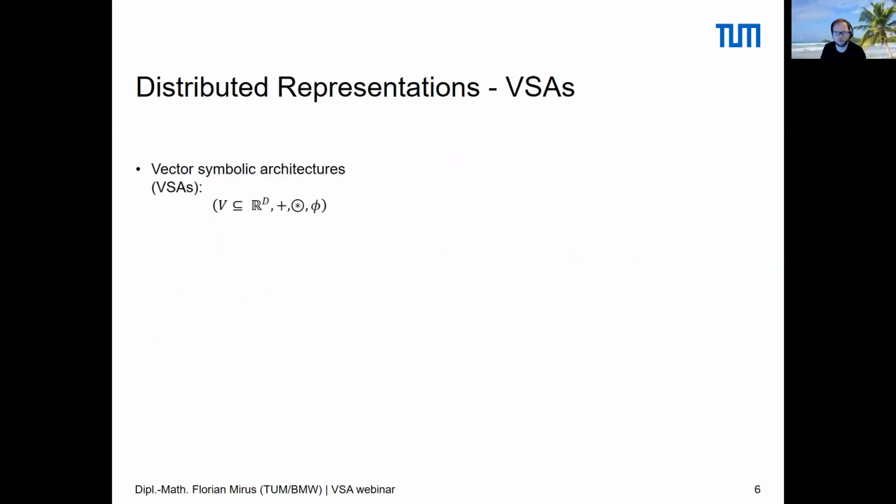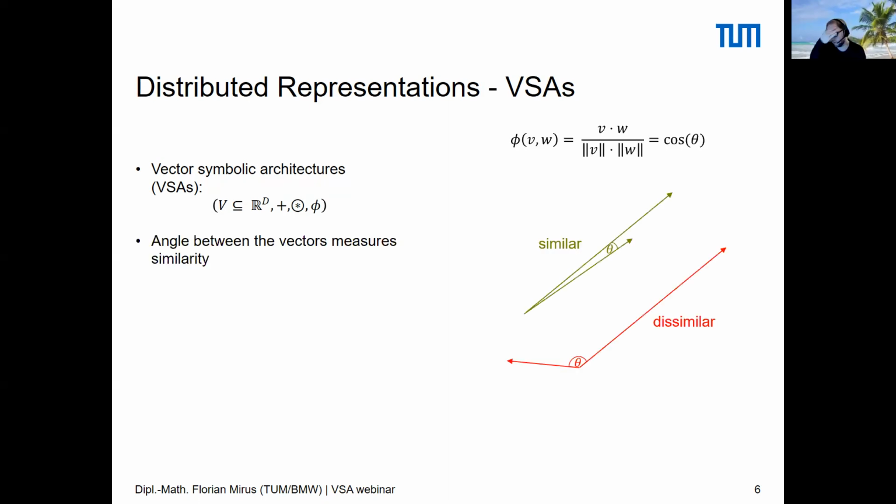For the next couple of slides, I can go very quickly over them because I think basically everyone in the audience is aware of that. We're looking at vector symbolic architectures, and I am using a variant of the holographic reduced representations by Tony Plate, namely the semantic pointer architecture.